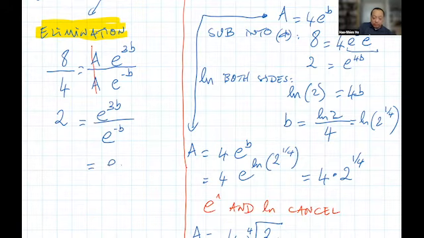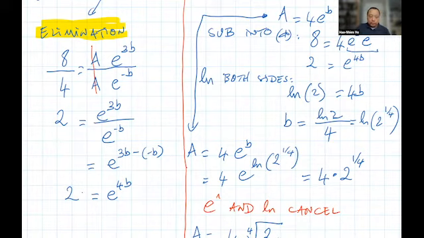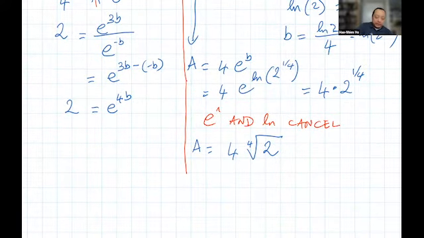I'm going to take 3b and subtract a negative b, which is actually adding b. E to the 4b, not 2b, is 4b. On the left, I have 2. 2 is equal to e to the 4b.